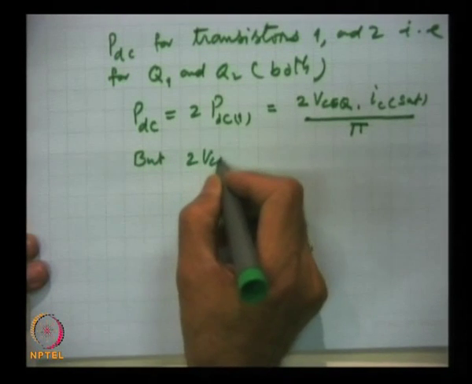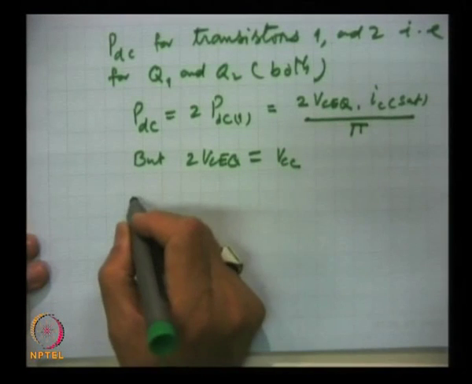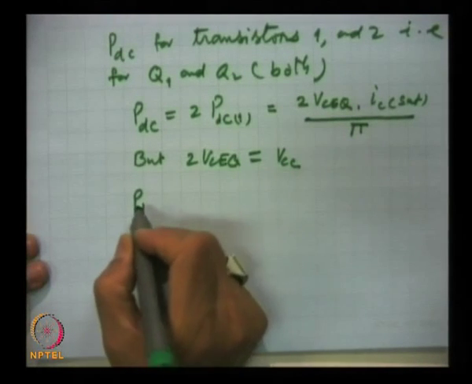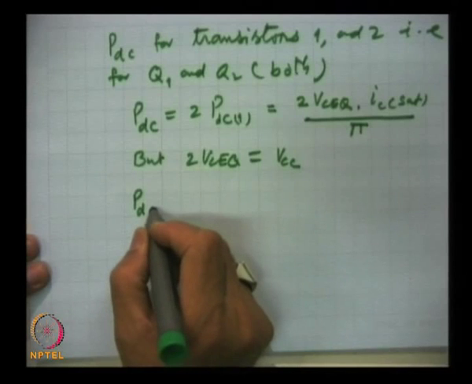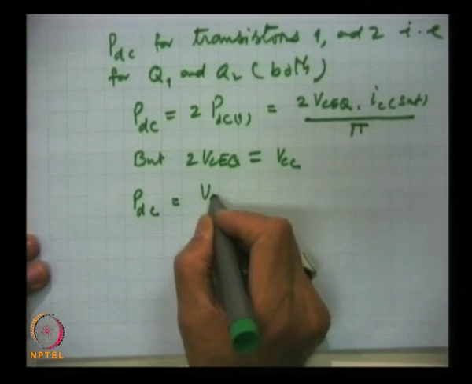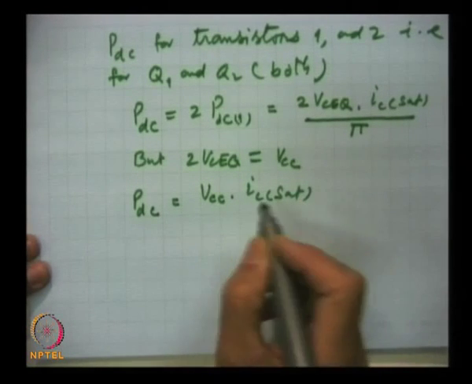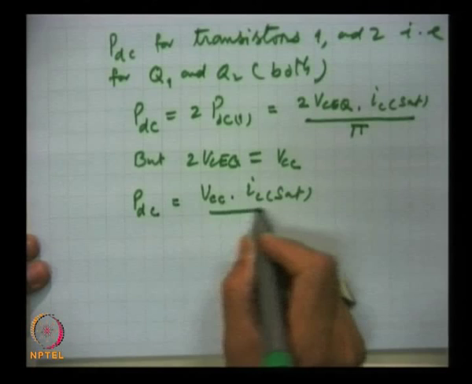But 2 VCEQ is equal to VCC. Therefore, PDC is equal to VCC IC set by pi.